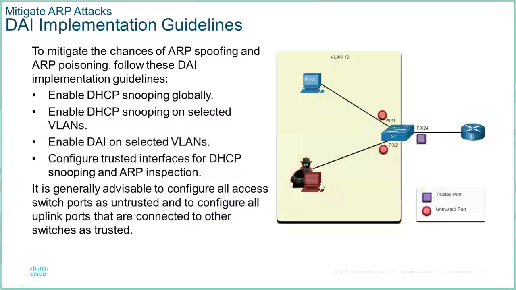So we have snooping enabled, and then we turn on ARP inspection for the particular VLANs that we want. So this tells us what interfaces are trusted, what ports are trusted, and we now have the situation where we basically should have all our access points as untrusted ports.